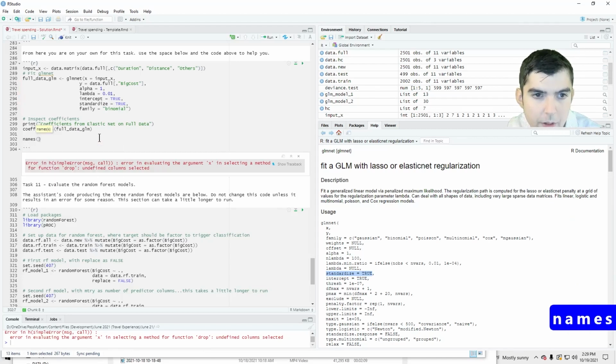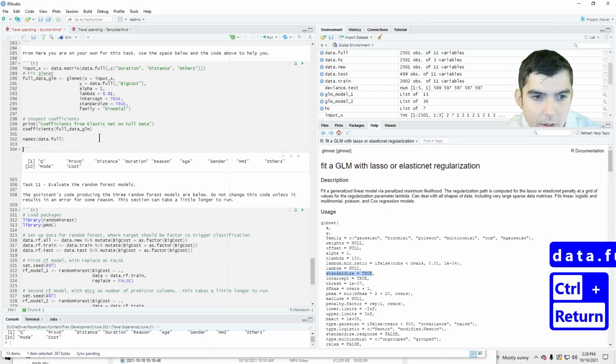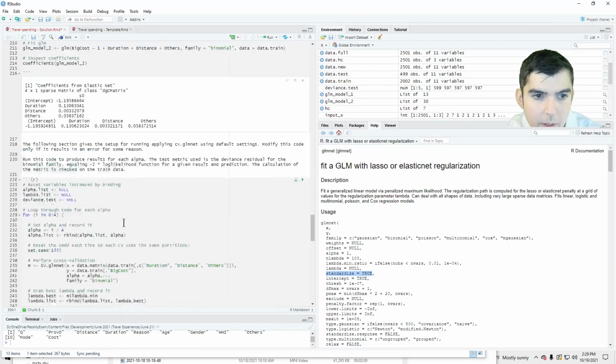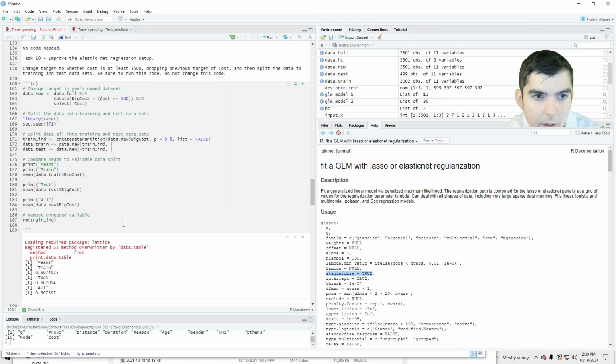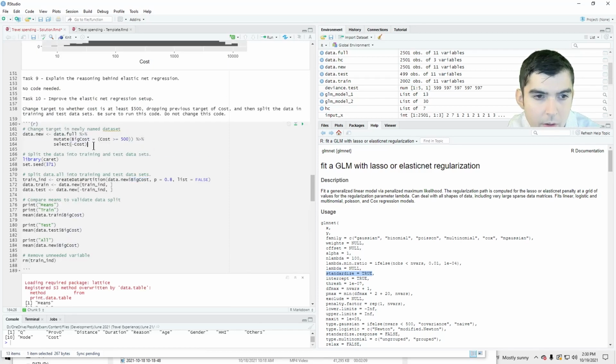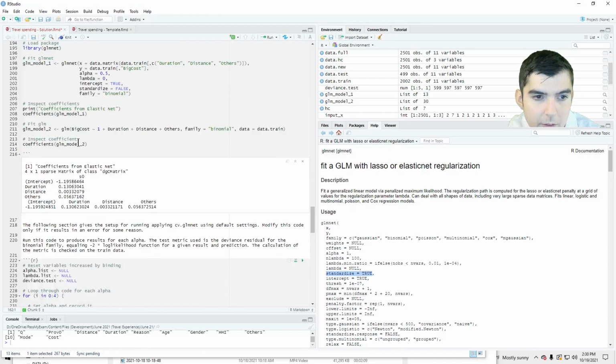I feel like we don't have the big cost. So you look at data.full. There's no big cost. So big cost was from right here. Oh, so it's not data.full, it's data.new. That creates the big cost.